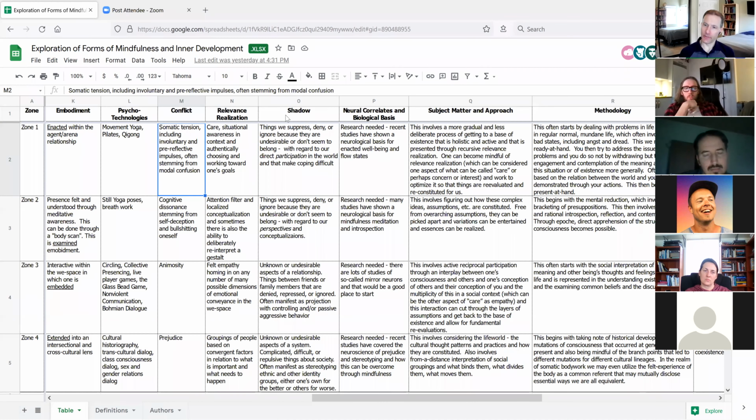The idea is that these practices can help you overcome shadow, or integrate shadow, in different ways, not just within you but also within a social group, and can also deal with conflict. That would be tension or cognitive dissonance or animosity or prejudice, right? Does that make sense?